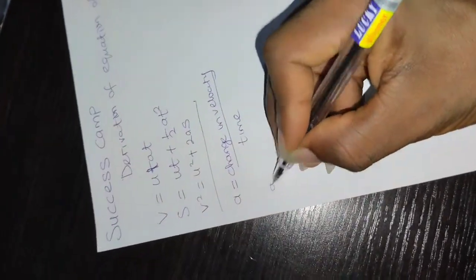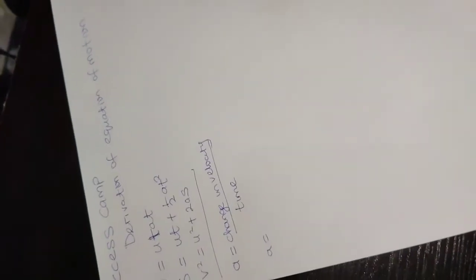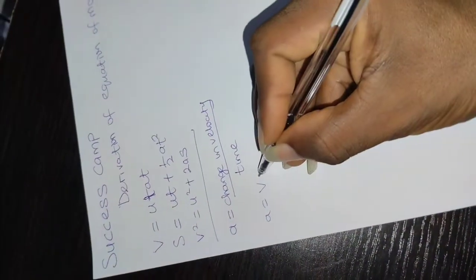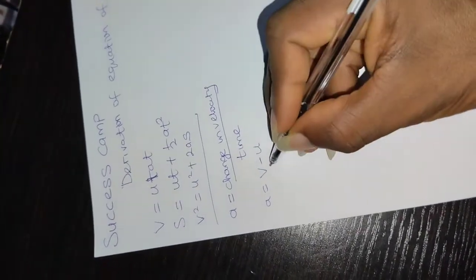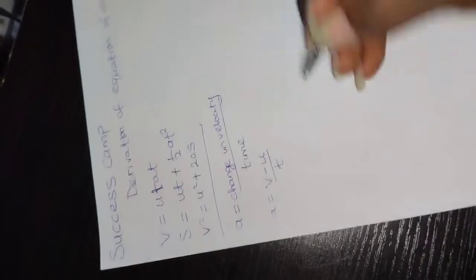And what is the meaning of change in velocity? Change in velocity simply means final velocity, which is v, minus initial velocity, which is u, over the time.